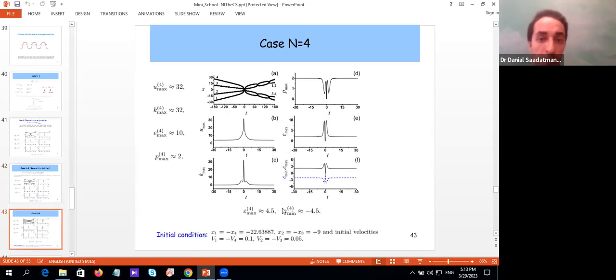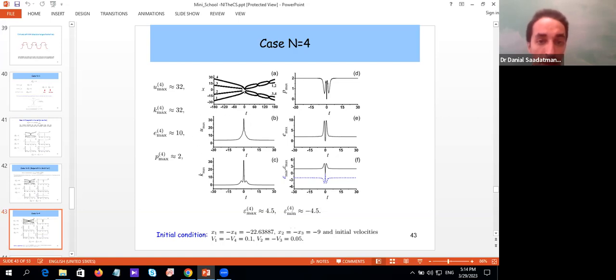For the interaction of 4 kinks, although we have the exact 4-soliton solution of the Sine-Gordon model, it is hard to calculate these values analytically. Therefore, we calculate them numerically. We send 4 kinks and anti-kinks toward each other from different positions.